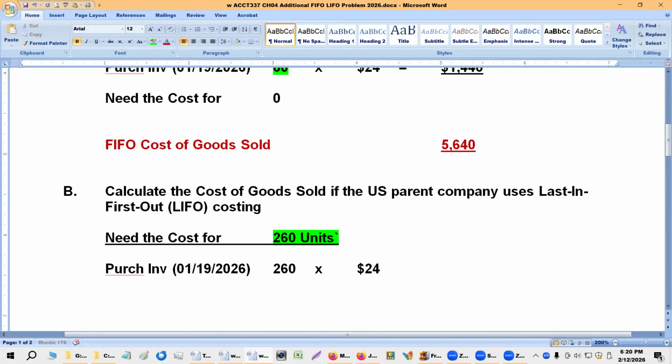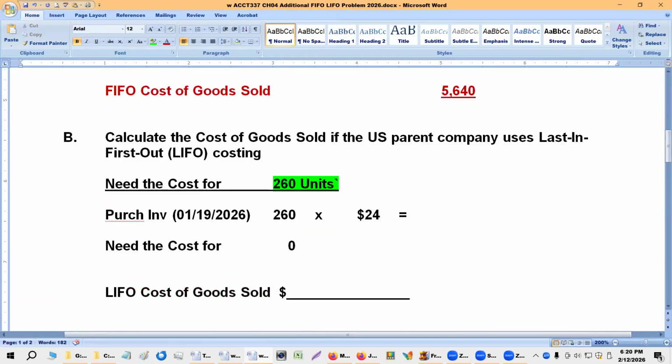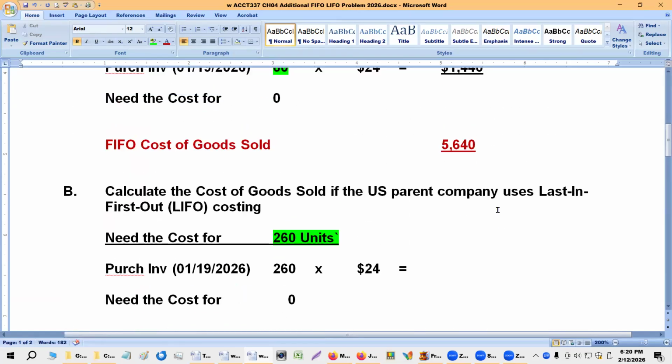And I'm going to come down here. You don't need to put this in. But we already got the cost for all of them, so we don't need any more cost. So we just have this one. And so this will be 260 times it. 6,240.